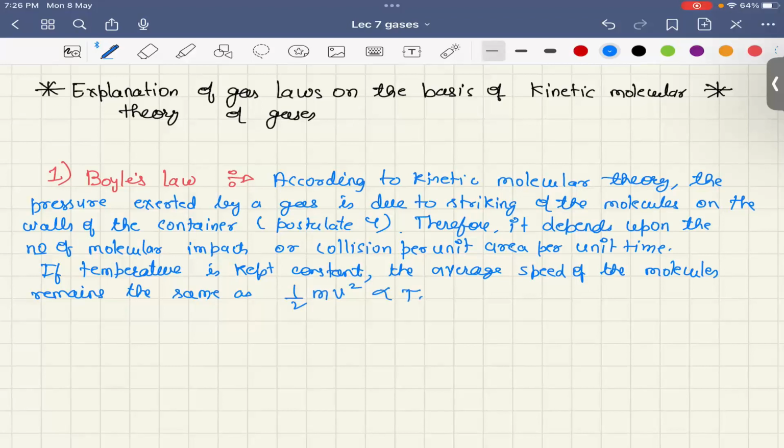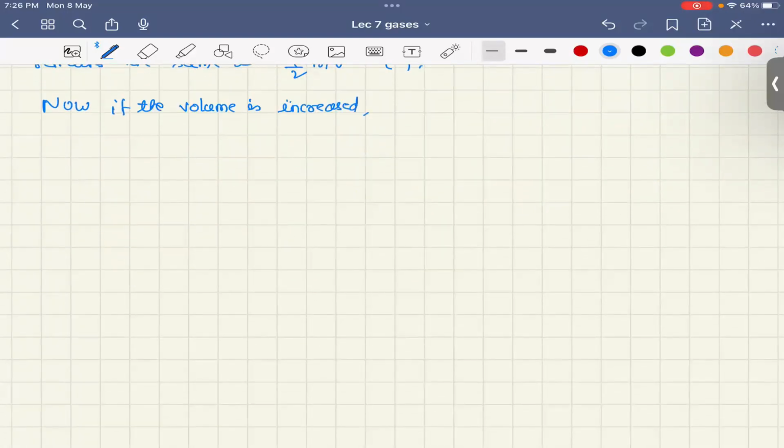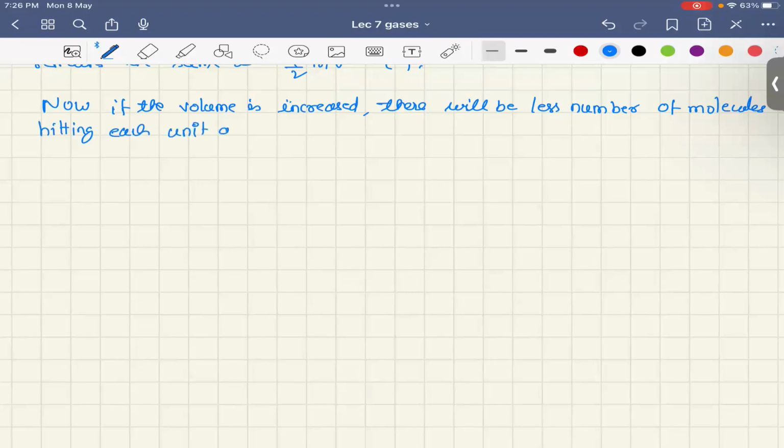Now, if the volume is increased, there will be less number of molecules hitting each unit area of the containing vessel in a unit time. Consequently, the pressure should decrease.